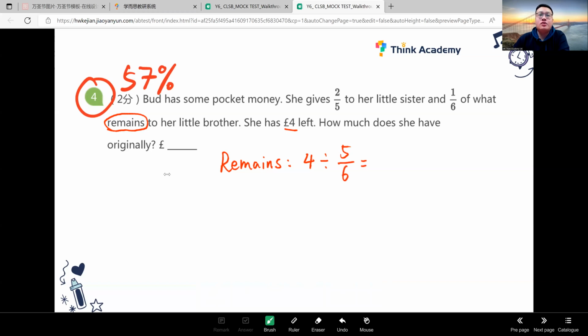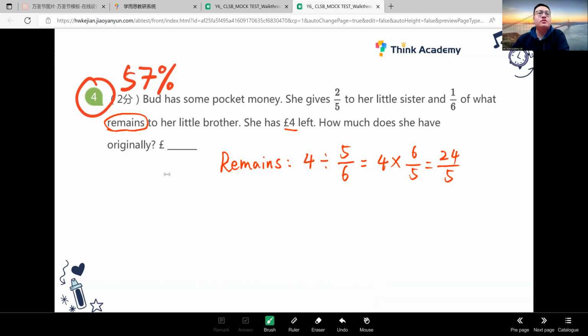That equals 4 times the reciprocal of this fraction, so you times 6/5. That gives you 24/5. That will be the total of the remains.